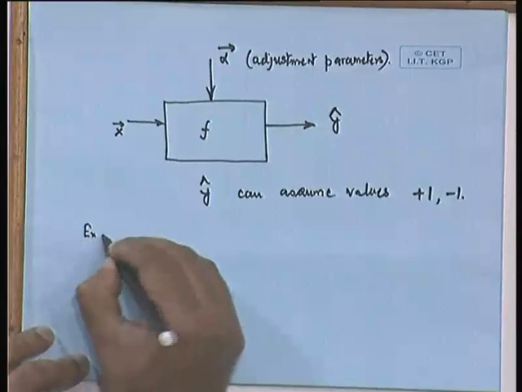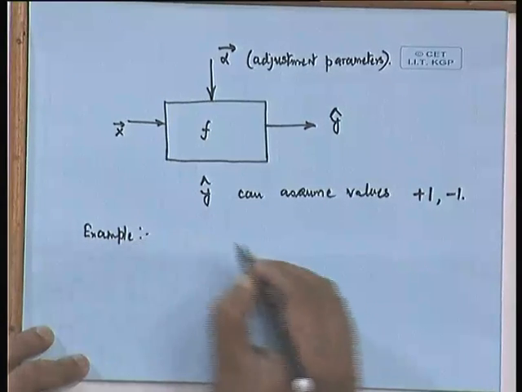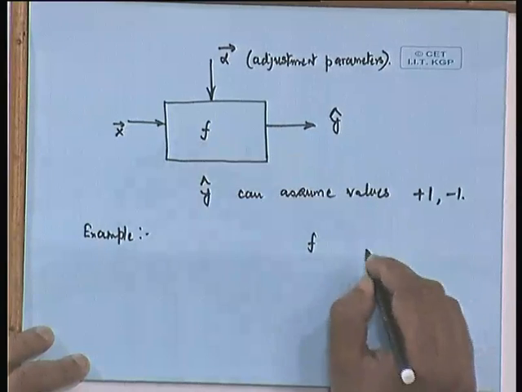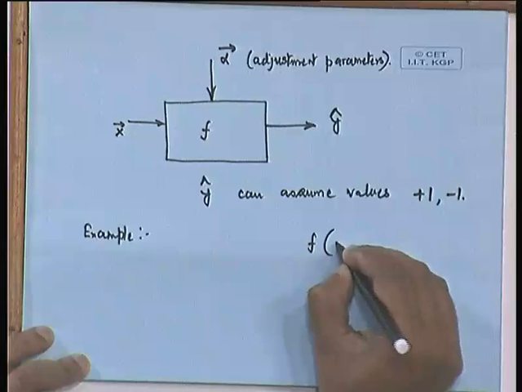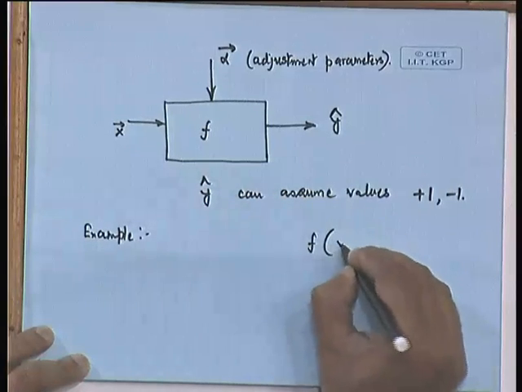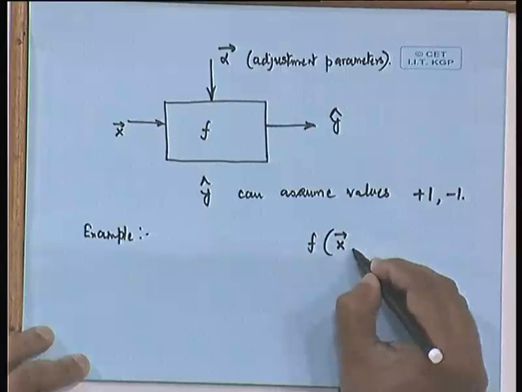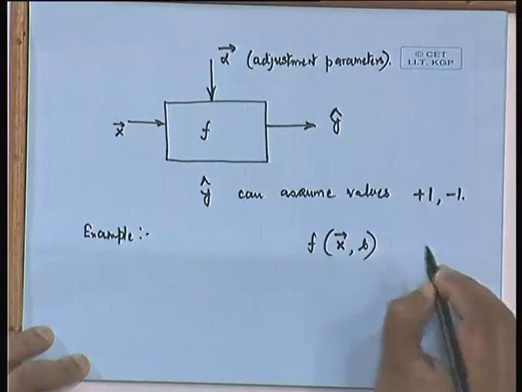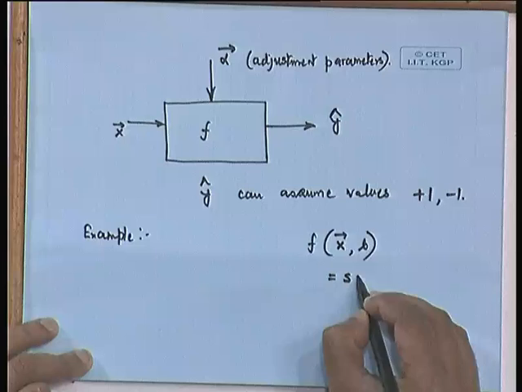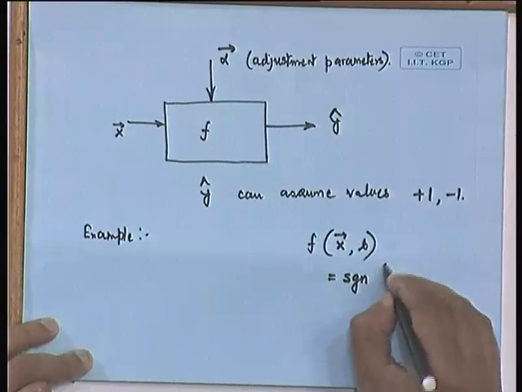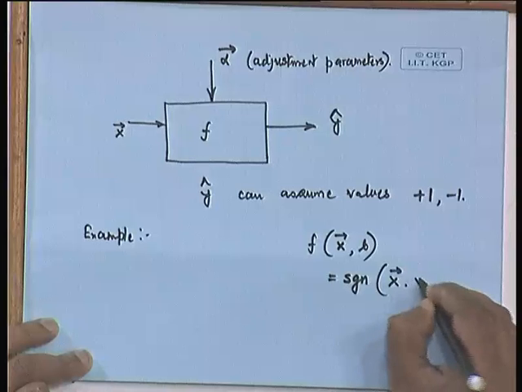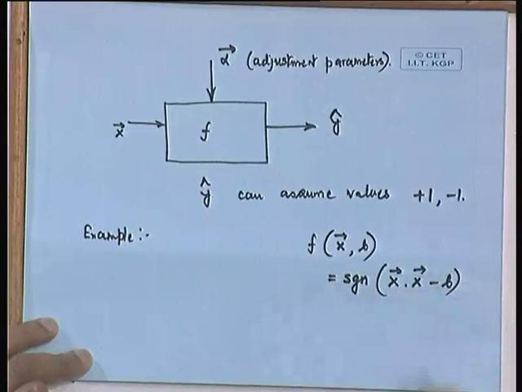So, the first example that we take for the function is that, let us say that we consider the function f as follows, that this function f naturally will be a function of x vector obviously, and it will also be a function of some b, some constant, or bias which you can think of for the network, and this can be indicated by any typical function, and let us say that we consider a signum function whose argument is w vector dot x vector minus b. b can be assumed to be a scalar quantity.